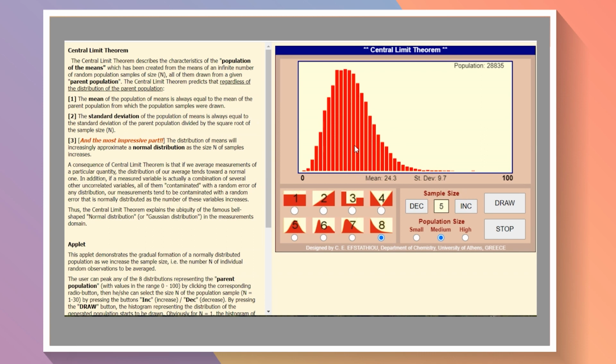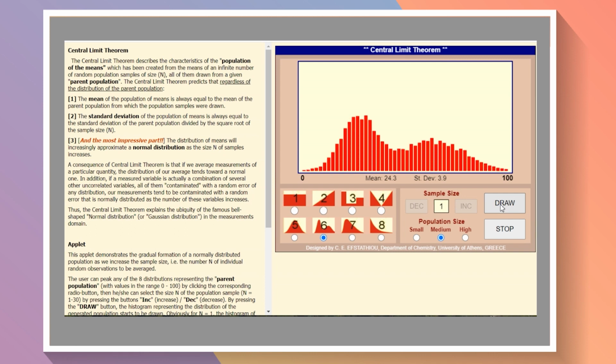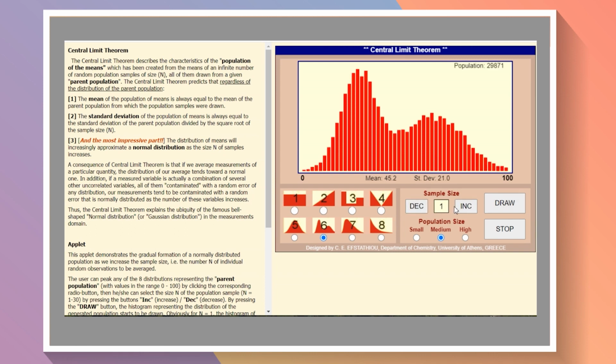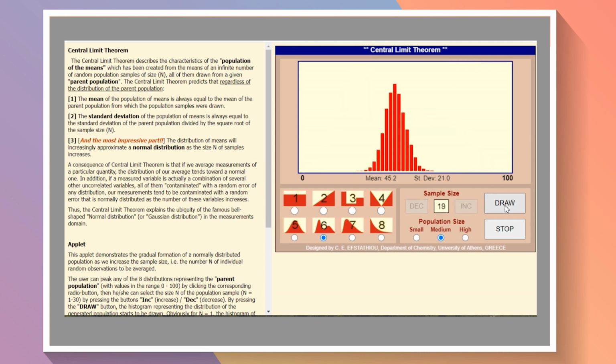And here, even if you increase the sample size to 30, the maximum it can go to, again if we draw, see, it is now approximated to the bell curve. So even if you take any parent population and increase the size of the sample, you will see the third characteristic.